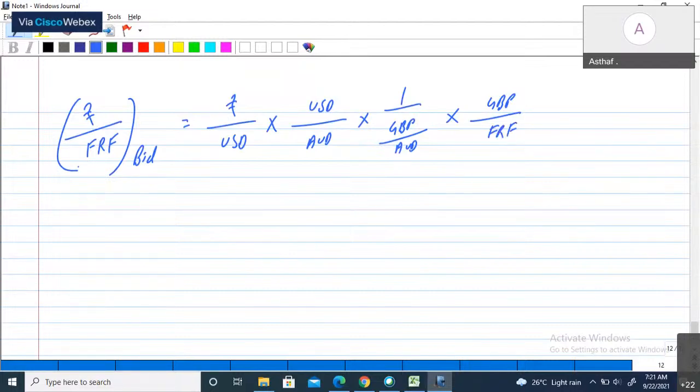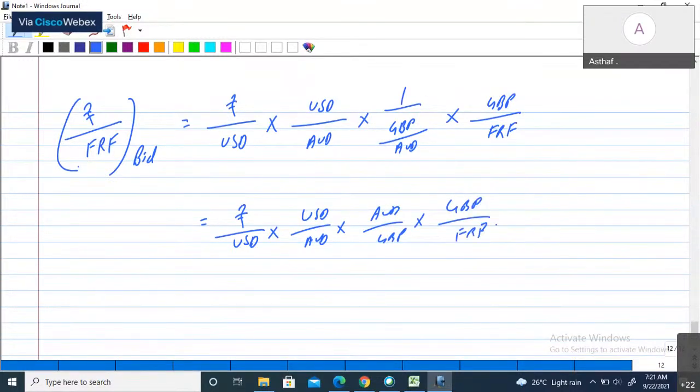Generally, we have to approach rupees to USD, USD to AUD, then AUD to GBP, then GBP to FRF. This is the normal formula. So you can go with cross multiplication. Finally, you will get rupees to FRF.